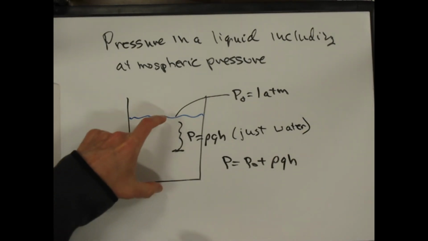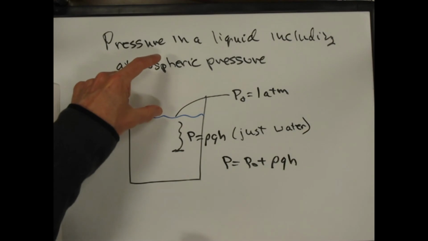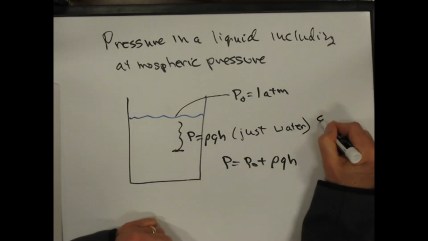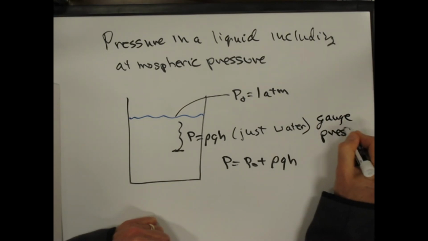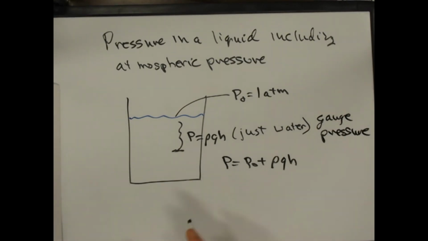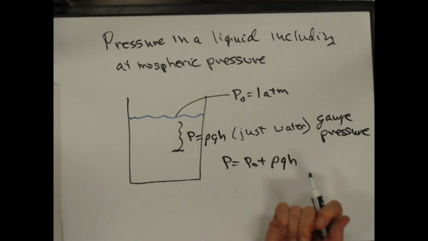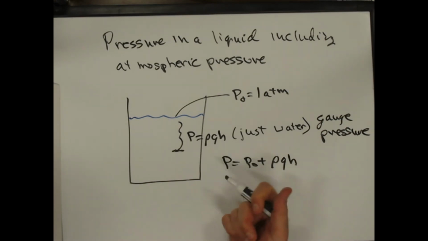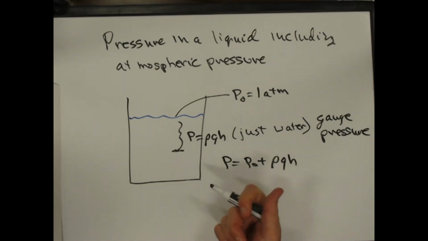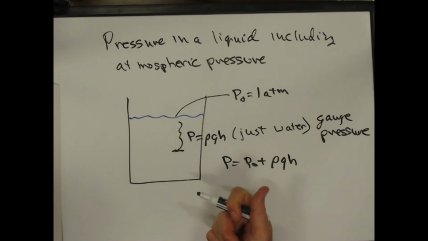Often we'll just be interested in this number, neglecting the atmospheric pressure, and so this would be called the gauge pressure. The gauge pressure is a pressure difference, and it comes from the pressure gauges we use. Like if you measure the pressure in your tire, that's the gauge pressure. If your tire is flat, the gauge pressure measures 0. That doesn't mean there's a vacuum inside your tire.